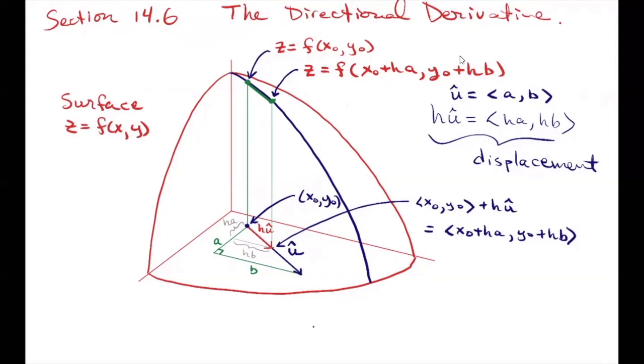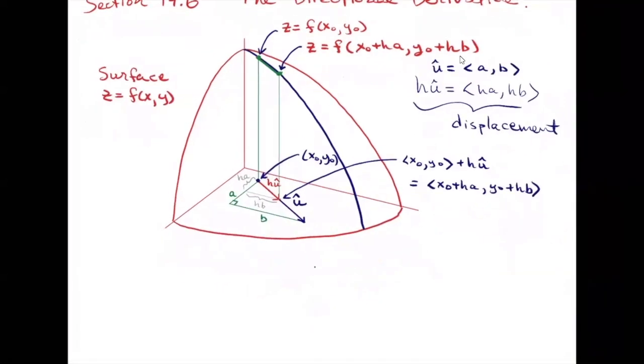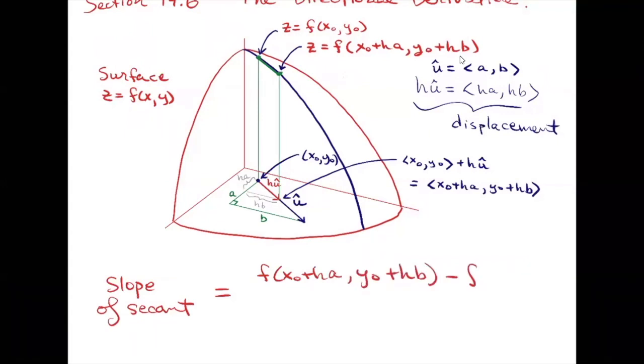So let's put this down below here and say that the slope of the secant is going to be F at X naught plus HA, comma Y naught plus HB, minus F of X naught, Y naught.